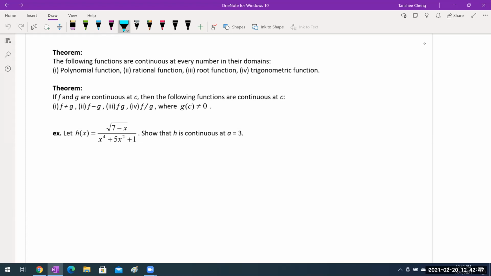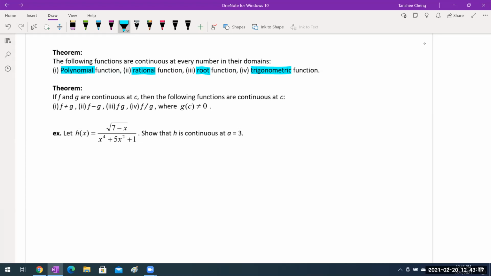It says that functions are continuous at every number in their domain. Which functions are we talking about? Polynomial, rational, root functions, trigonometric functions. All of those are continuous within their domains. So later on, I can just state, this is a polynomial function, therefore it's continuous, and so forth.